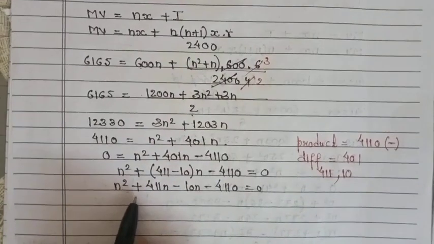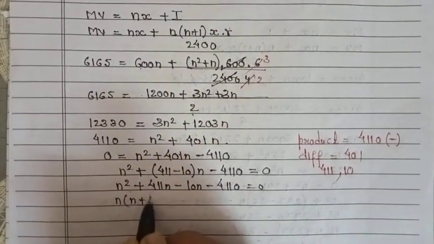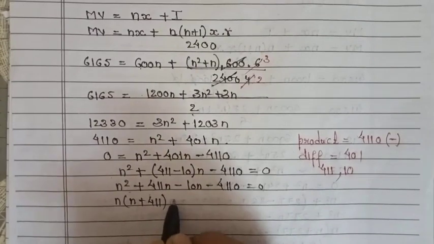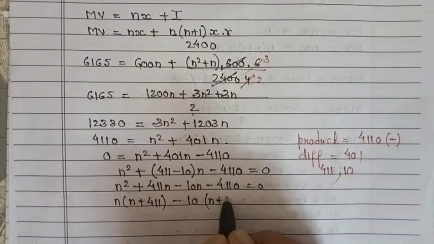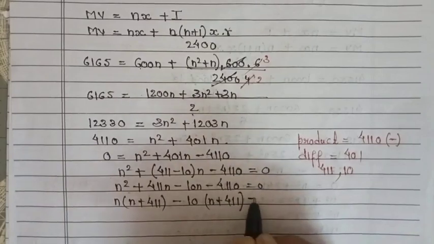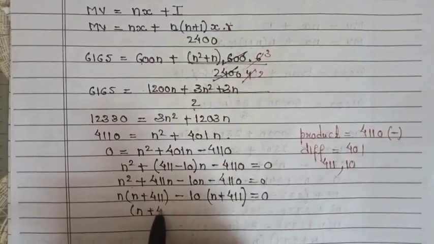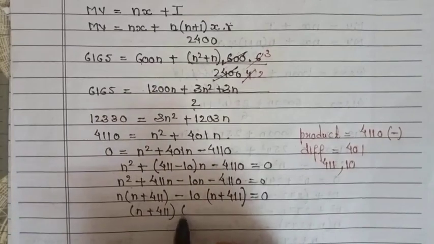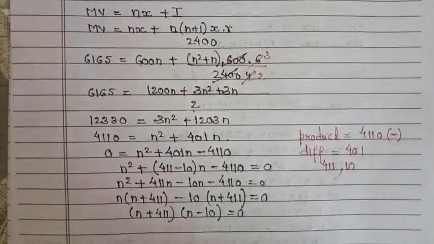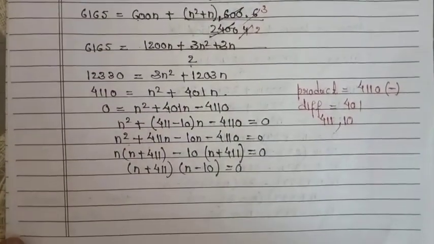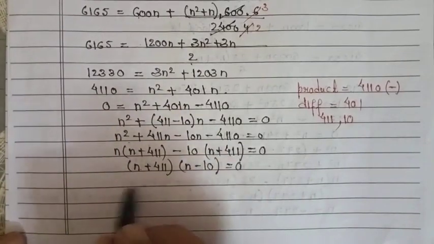Now making the grouping, in this group you can take N common, so you are left with N plus 411. In this group we can take 10 common, so we are left with N plus 411. So we are getting the two factors like this.